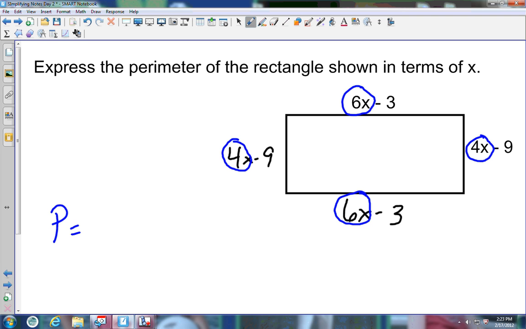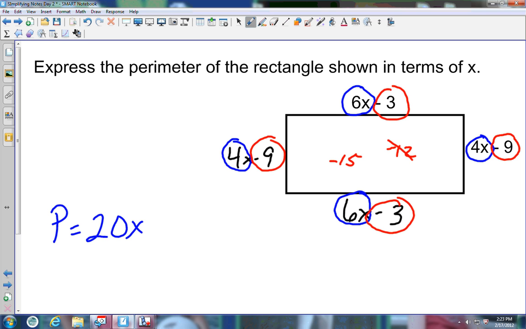So my perimeter is 20x. And do your units. Negative 3 minus 9 gives me negative 12. I have another minus 3, that gives me negative 15. And another minus 9, that gives me negative 24. So it's 20x minus 24 is my perimeter.